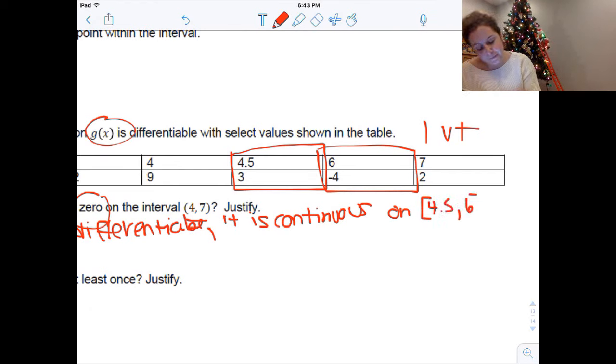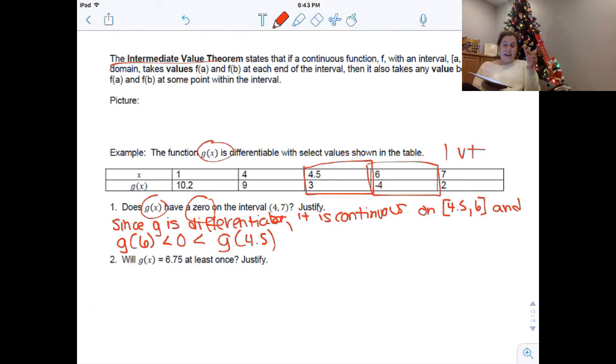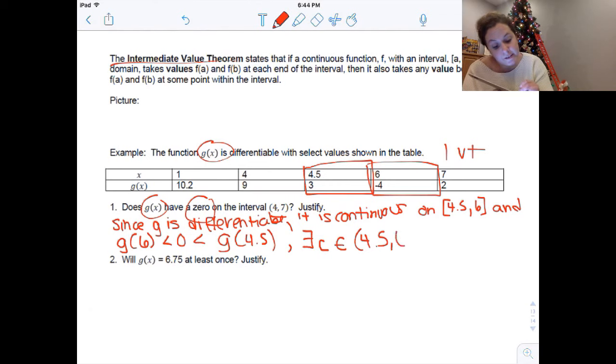And we know that G of 6 is less than 0, which is less than G of 4.5. Right? We know that that's sandwiched in there. So since G is continuous and this is true, there exists a C on 4.5 to 6 such that G of C equals 0.